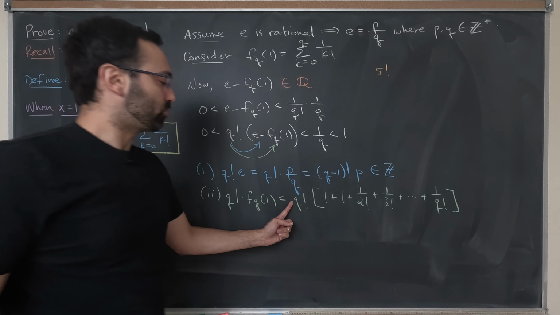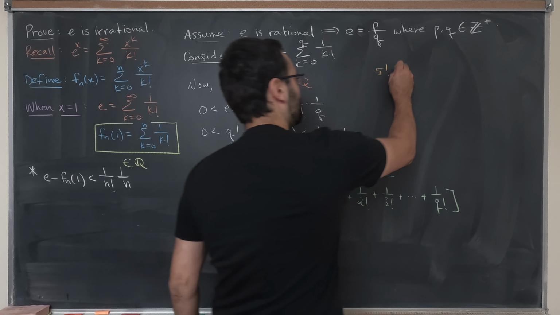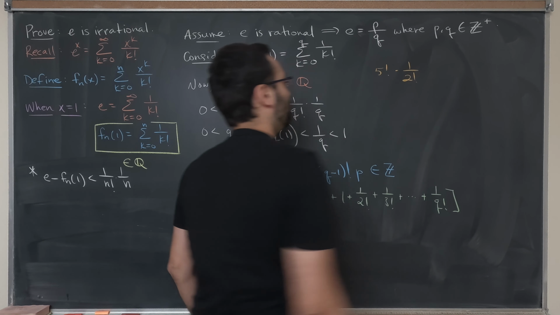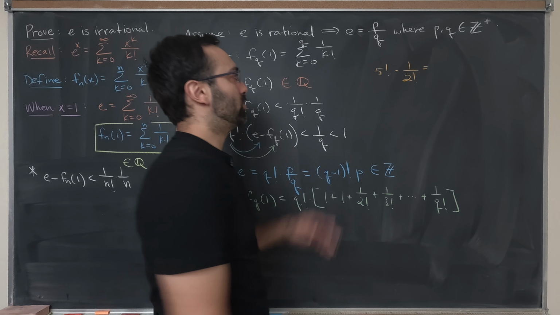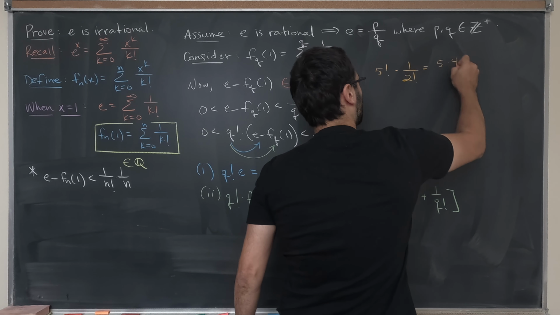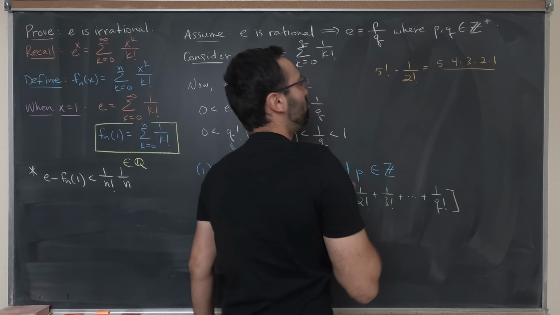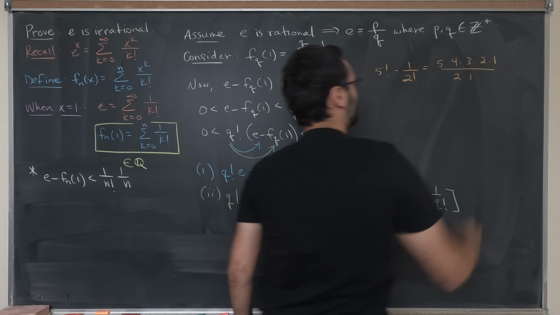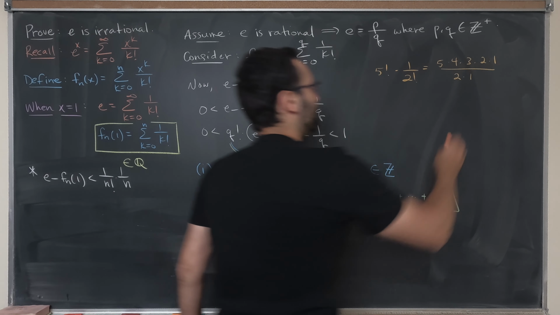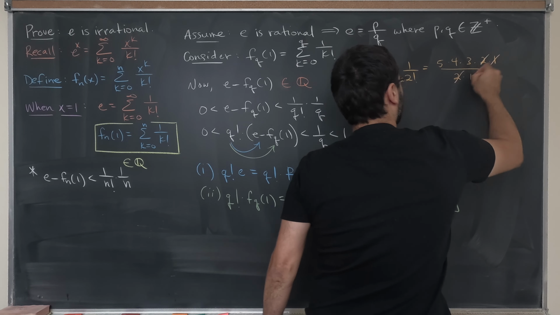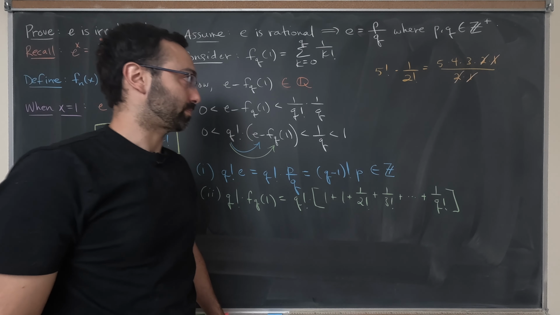Then we would have 5 factorial. Distributing that to the 1 over 2 factorial, what would that leave us with? Well, the 5 factorial is just 5 times 4 times 3 times 2 times 1, and the 2 factorial is just 2 times 1. So what gets left behind is the 5 times 4 times 3, clearly an integer.